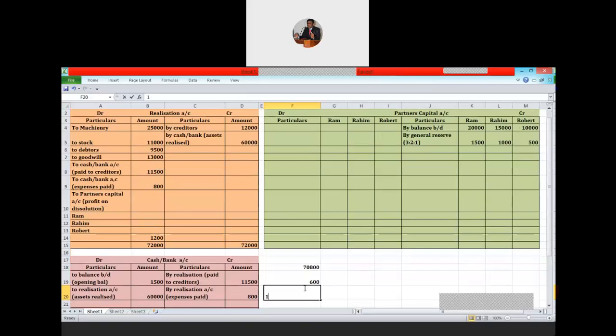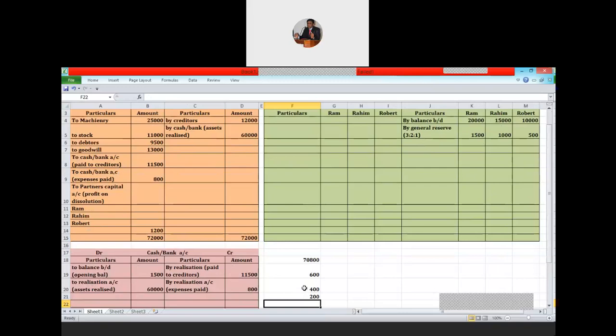In the same manner, Rahim's share is 1200 into 2 divided by 6, and Robert's share is 1200 into 1 divided by 6, 200. So 600 is the share of Ram, 400 is the share of Rahim, and 200 is the share of Robert in profit.